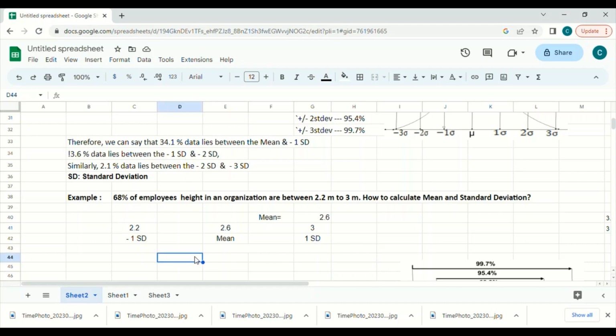That means 3 minus 2.2 is equal to 1 standard deviation minus -1 standard deviation.